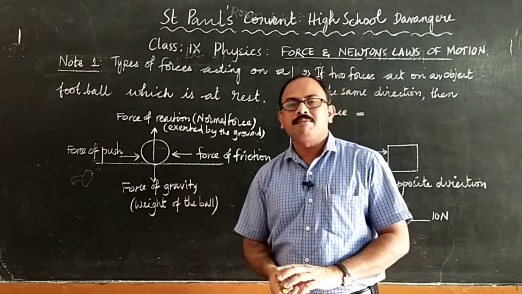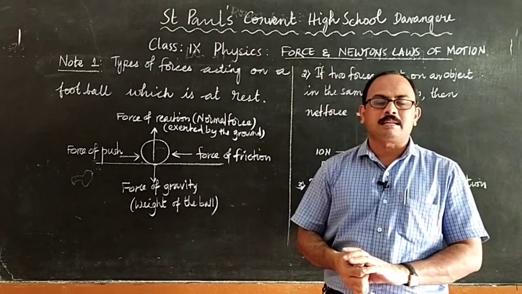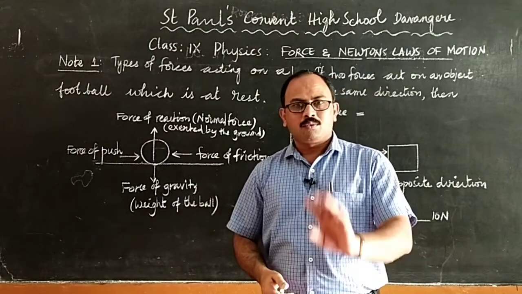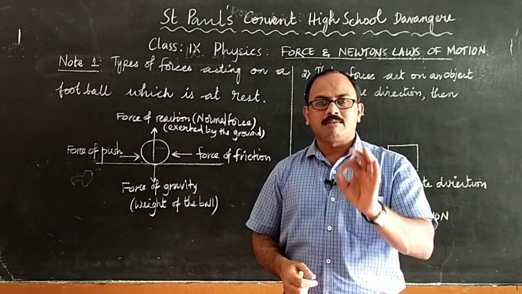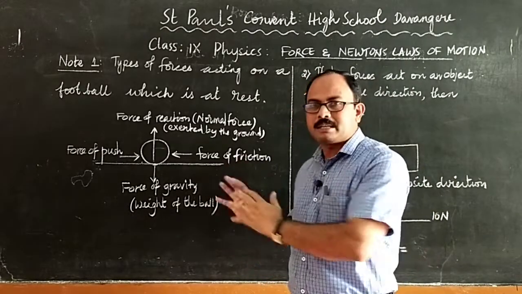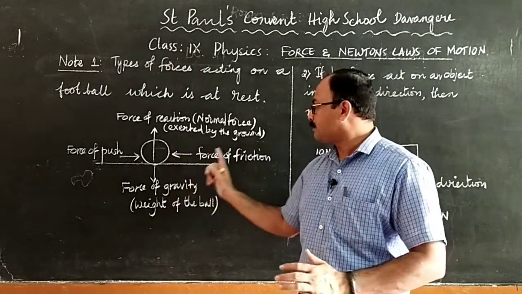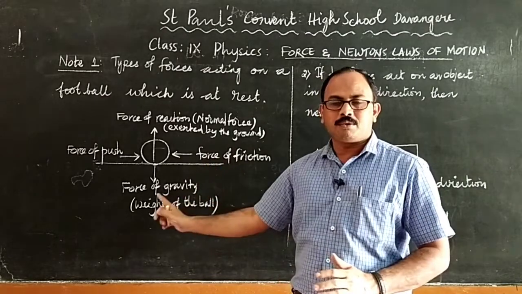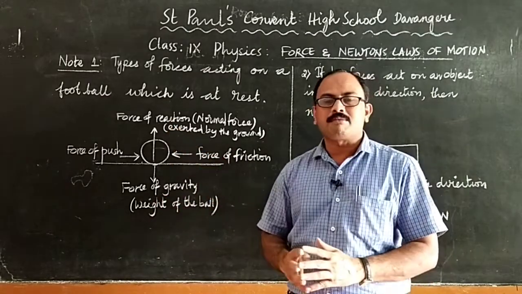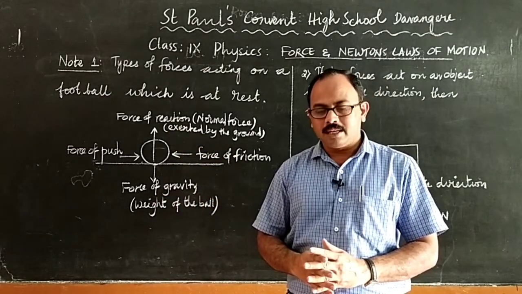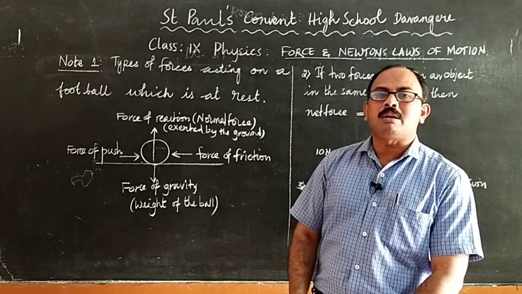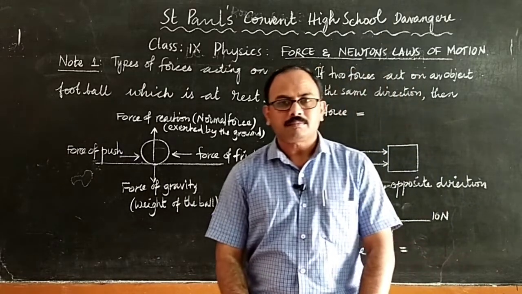Remember. Therefore, we come to the conclusion that there will be four types of forces acting on an object even when it is at rest: force of push, force of friction, force of gravity and force of reaction. Then we will see what is called net force.